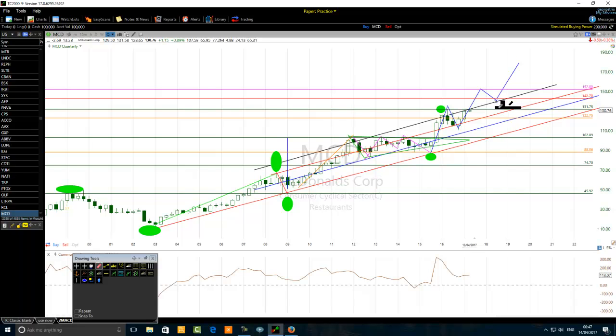But remember, the problem that I'm facing here is that if the fifth wave is extended, there will be an Elliott wave rule violation, because in that case, the third Elliott wave will become the shortest wave. For those reasons, are you getting it now? All right. For those reasons, I doubt that the McDonald's stock in the fifth Elliott wave will be extended.